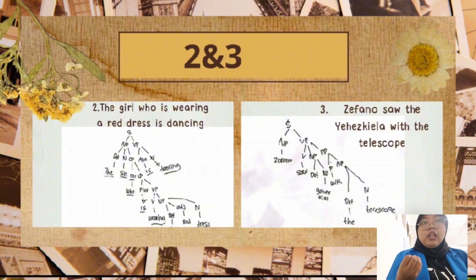The relative clause who is wearing a red dress modifies the noun girl. The word who functions as a relative pronoun referring back to the girl. The relative clause has its own internal structure consisting of a subject and a verb phrase, and the main verb phrase is dancing, which completes the sentence.